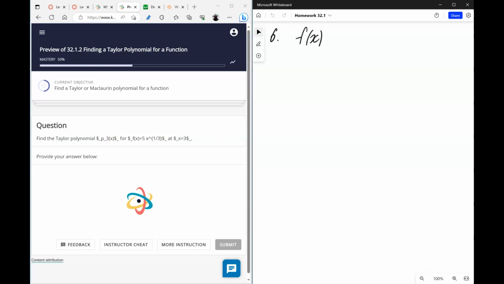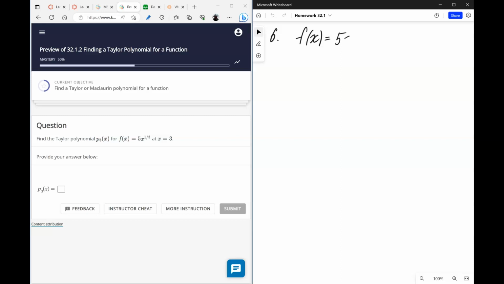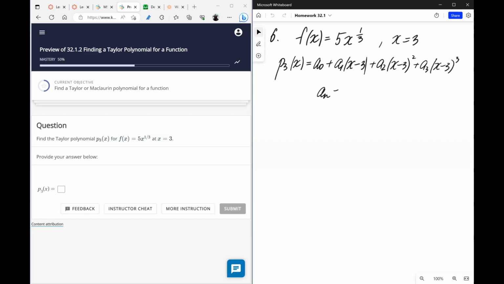Very similar problem. The function is this. The center is at 3. So to find P3 means to find this polynomial, where each coefficient can be found using this formula.